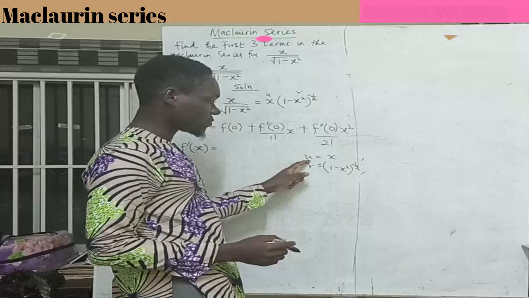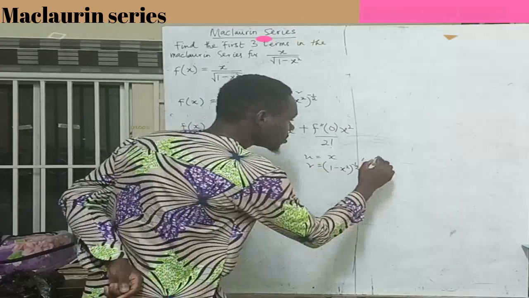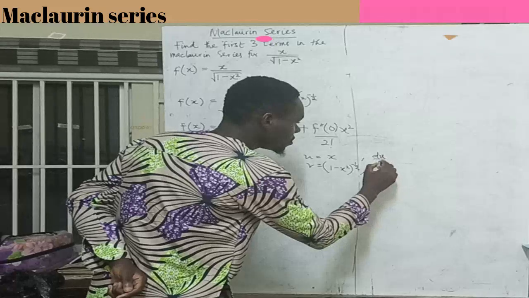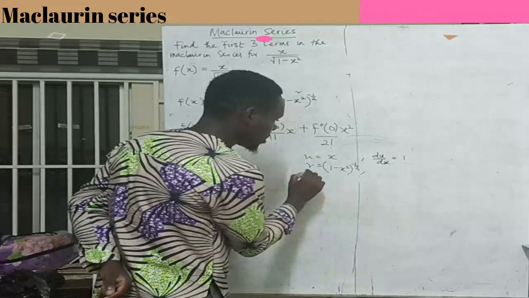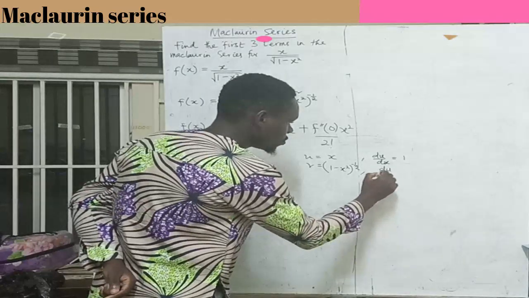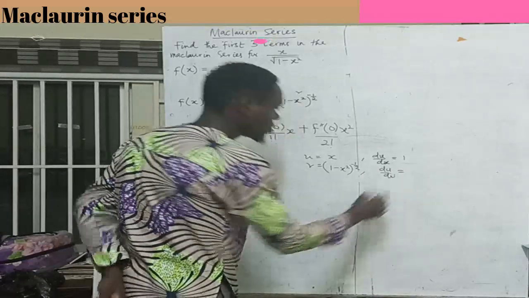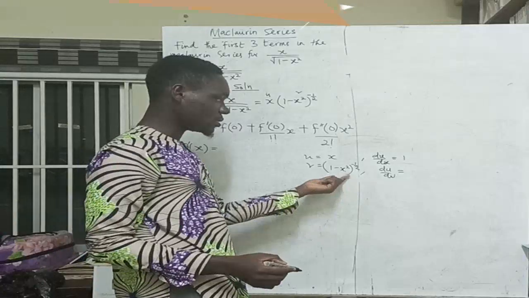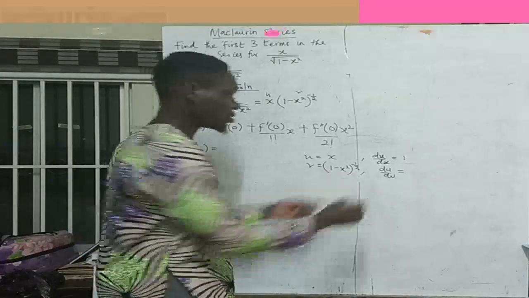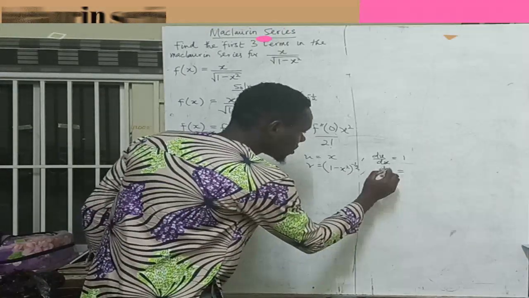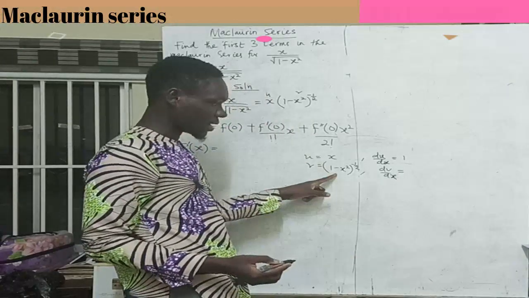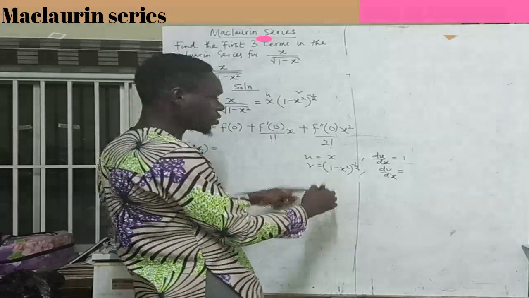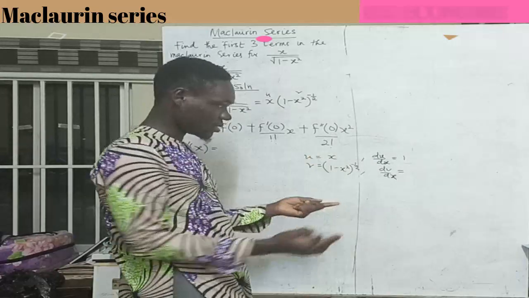Now the differential of u, du dx, equals 1, and then dv dx. So we differentiate the entity within the bracket, and then we also differentiate the entire function itself.